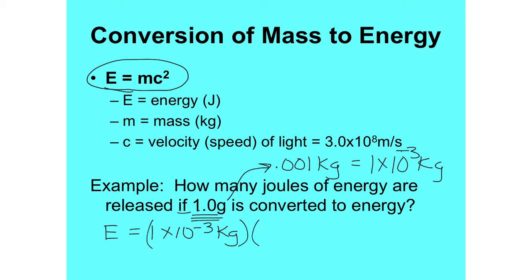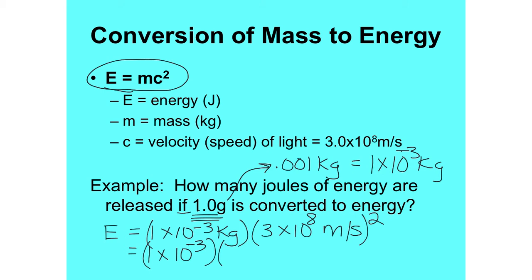Okay, C. Speed of light, 3 times 10 to the 8th. That's a big number. Light moves quickly. And then we're going to square that big number. So we got 1 times 10 to the negative third kilograms times 3 times 10 to the 8th squared.